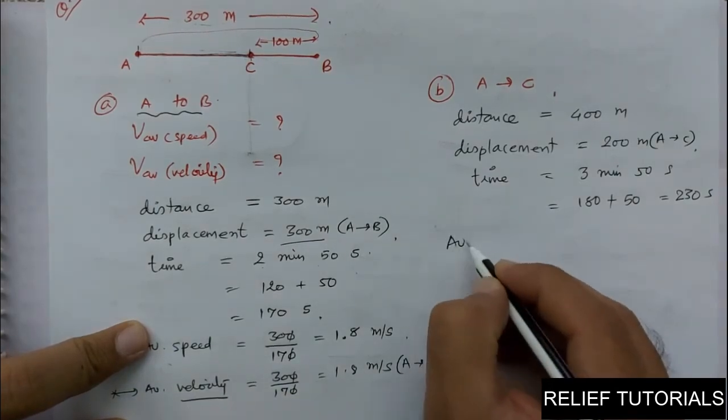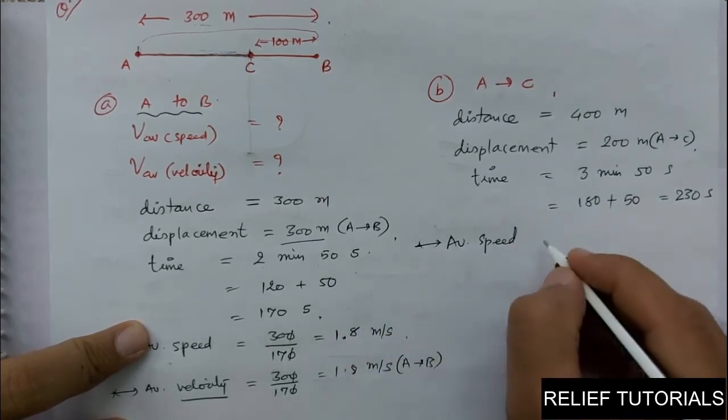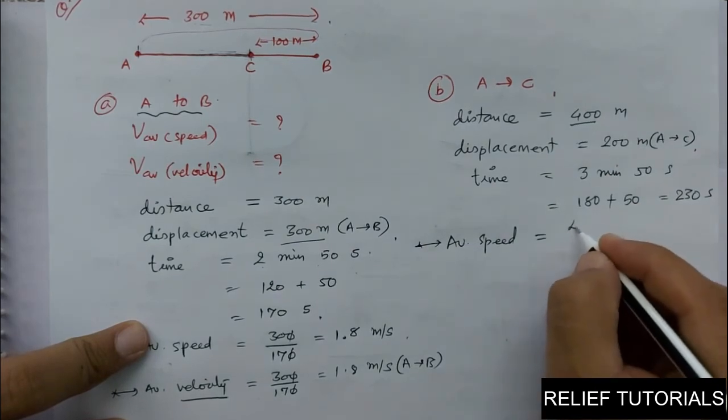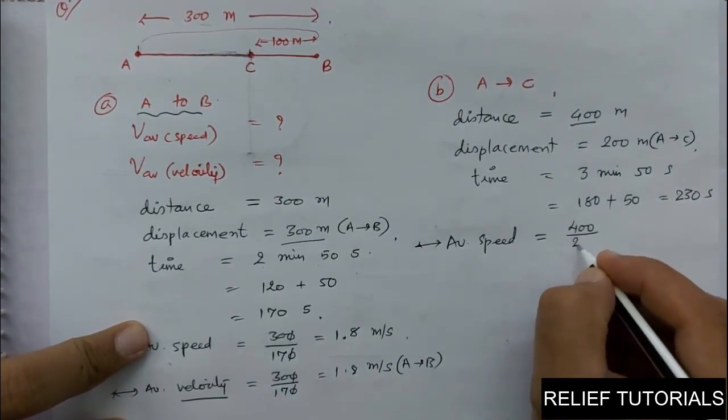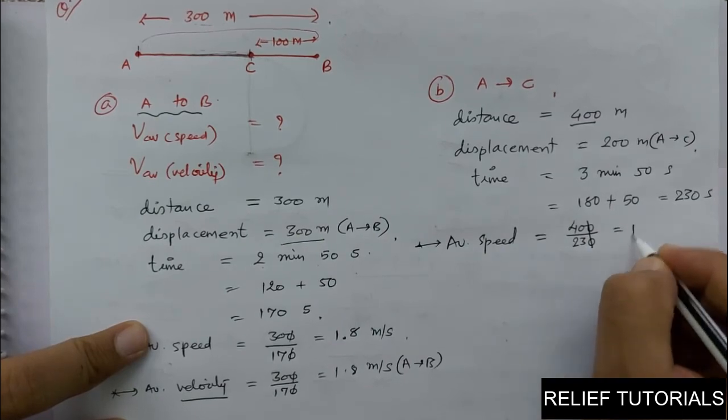And now you find the average speed. Average speed means total distance upon total time. Total distance is 400 upon 230. 0, 0 cancel. 23 ones are 23.